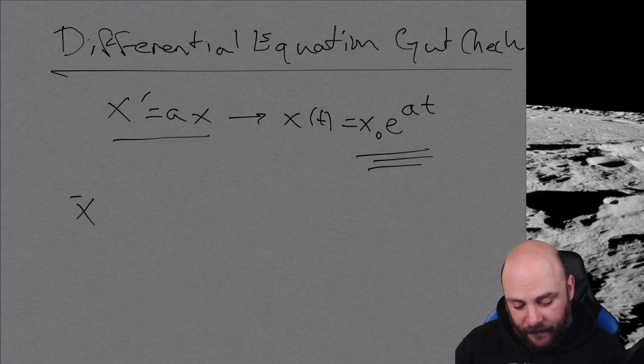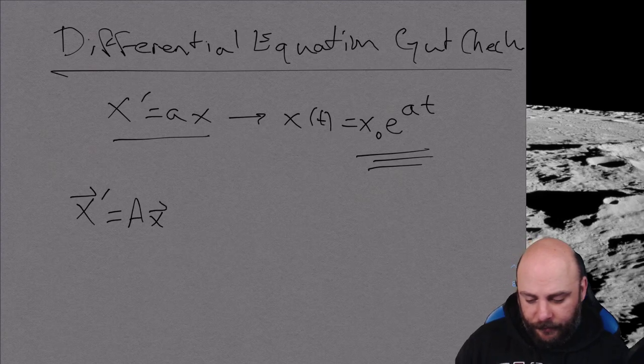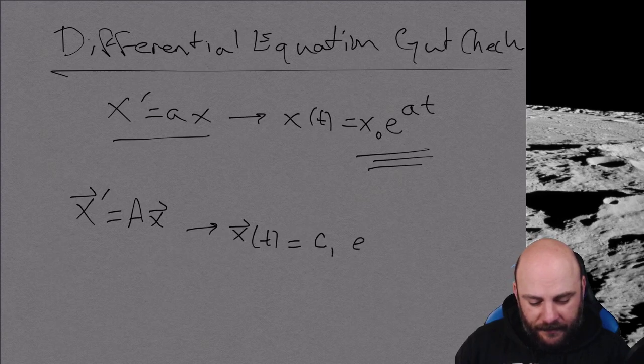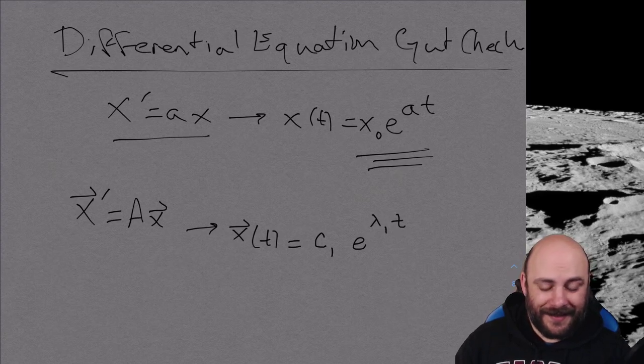And so if I'm writing this vector valued problem, then my solution also needs to be a vector. If I just want to think about a number times e to another number t, the problem is this is not a vector.